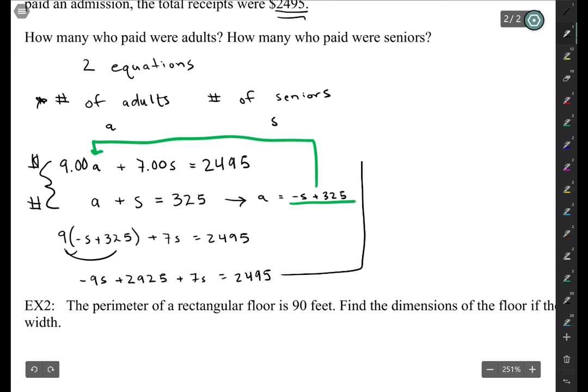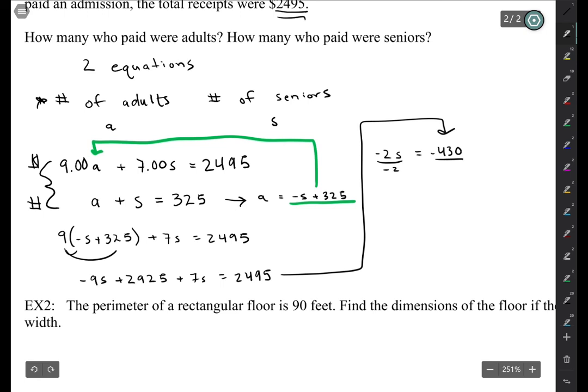Just rewrite some things. So negative 2S is equal to, just going to do it all in one step here, 2,495 minus 2,925, negative 430. And your answer should make sense.